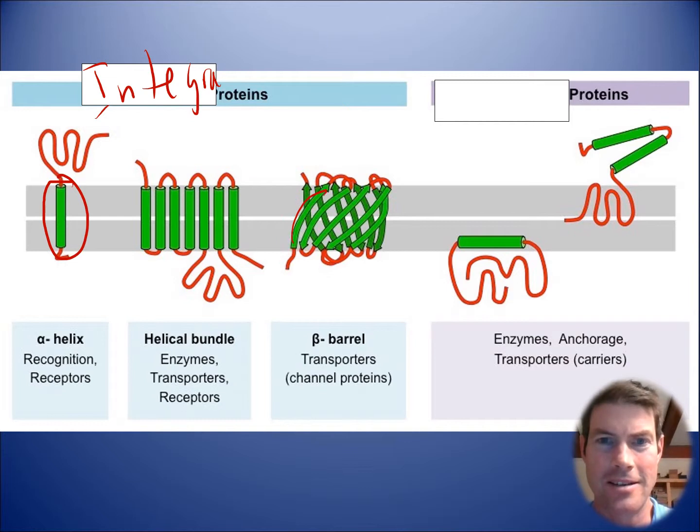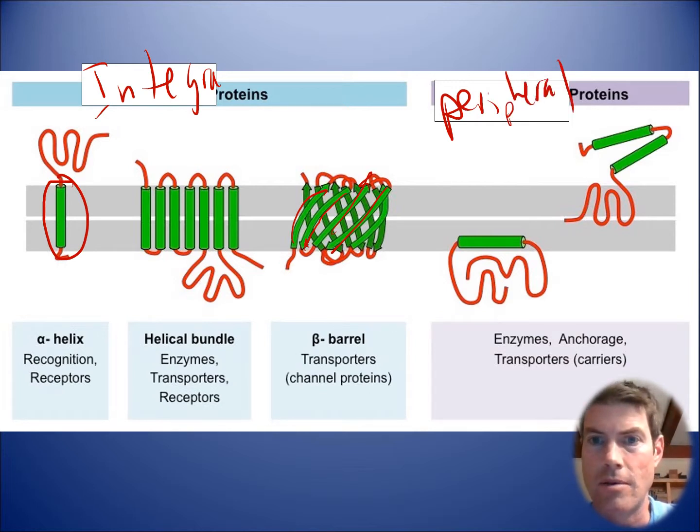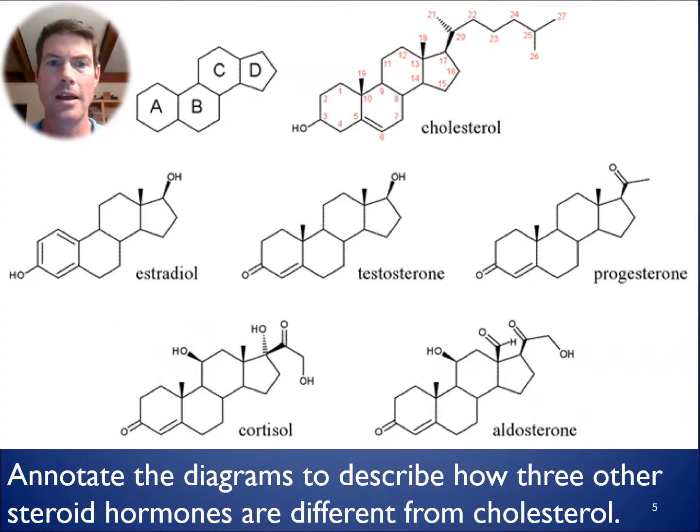Look how cool that is. All these beta pleated sheets going through, and then wrapping all the way through the membrane. And then things like enzymes anchoring, peripheral proteins. You see, they're just on one side or the other, either outside or inside.